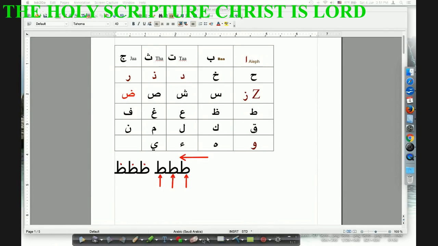As we say again, we repeat that the letters in Arabic, we always write from right to left, not from left to right, which means the first letter in Arabic when you're writing is this one, the second letter is this one, the third letter is this one.